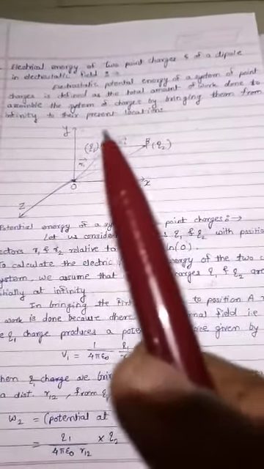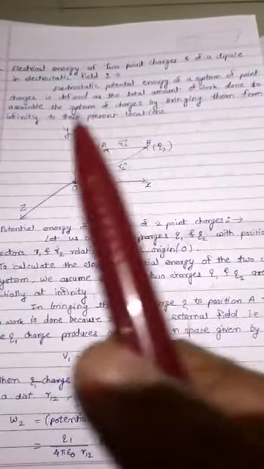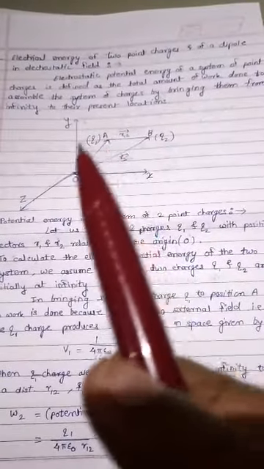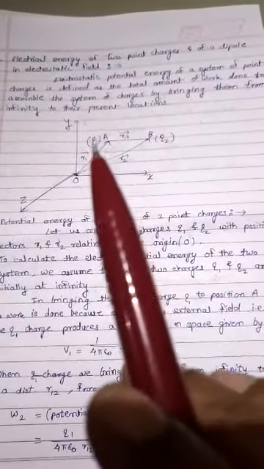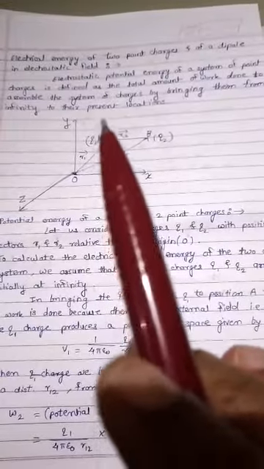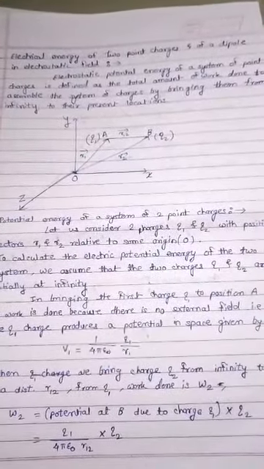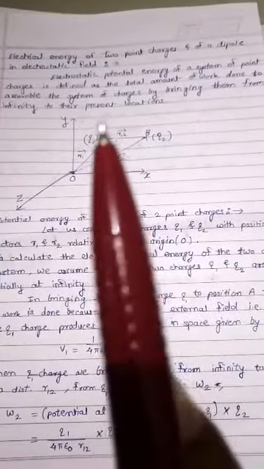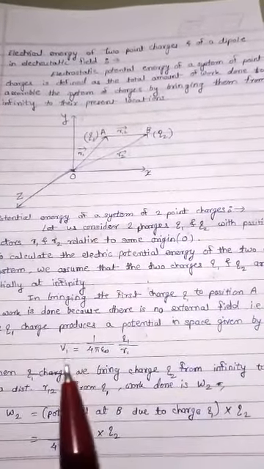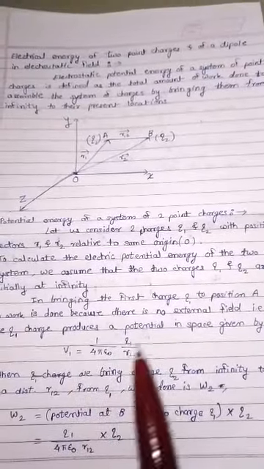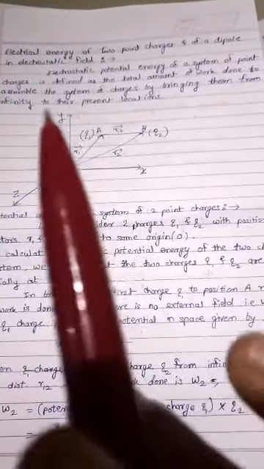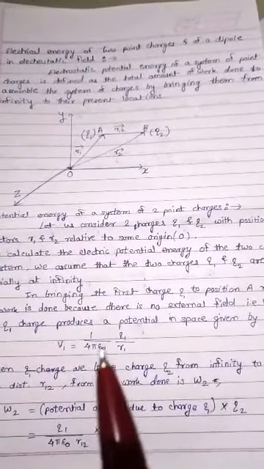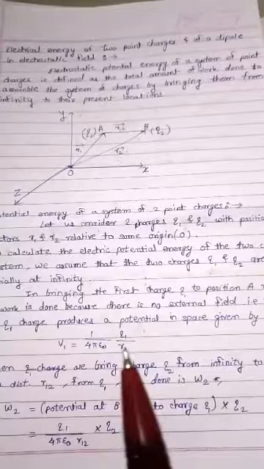At this first condition, A is situated at this distance, with position vector R1. Now this is a single charge Q1, so no other charge exerts a force on it. Only the potential exists for the A position, and we get the formula V1 is equal to 1 upon 4 pi epsilon naught Q1 upon R1.